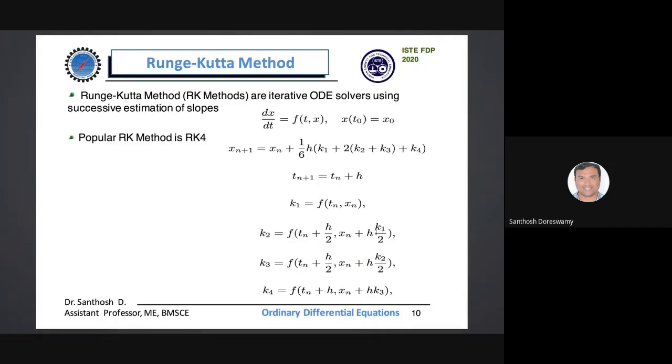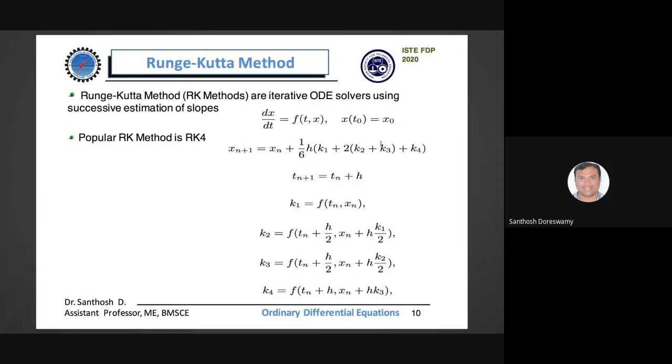Then you will have k2 estimated based on k1, k3 estimated based on k2, and k4 again estimated based on k3. Once you have these weighted slopes, if you multiply them with h by 6 and add that to xn, you will get your xn plus 1.